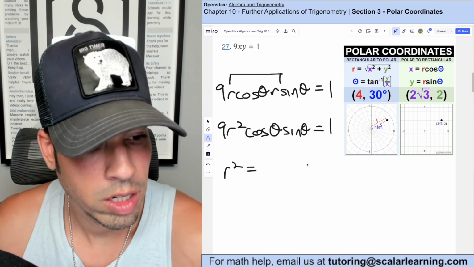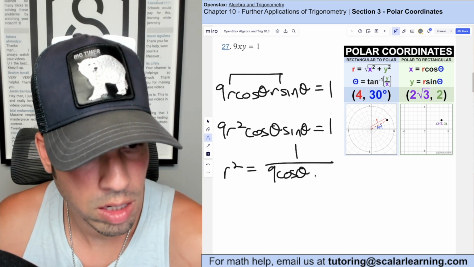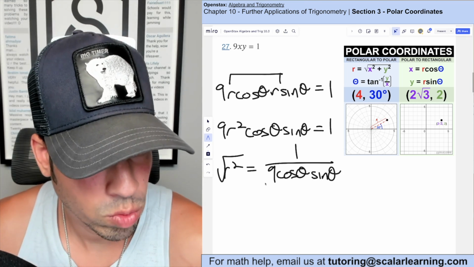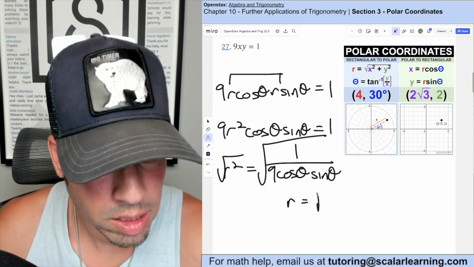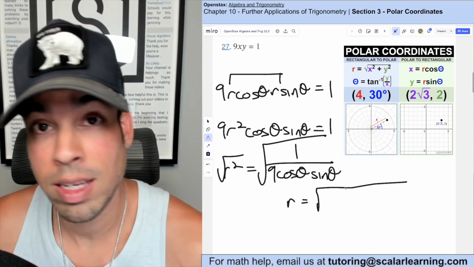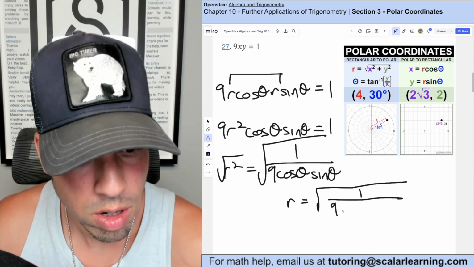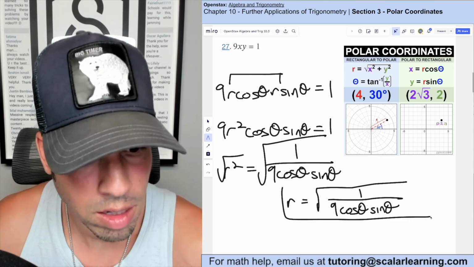So r squared equals 1 over 9 cosine theta sine theta. And last step, to get rid of the square, we're going to take the square root of both sides. And then we're just going to leave it like that. We're not going to bother rationalizing the denominator. I mean, we could, but honestly, they didn't in the answer, so we're going to leave it as is. So we just have the square root of 1 over 9 cosine theta sine theta. That's how you do it.